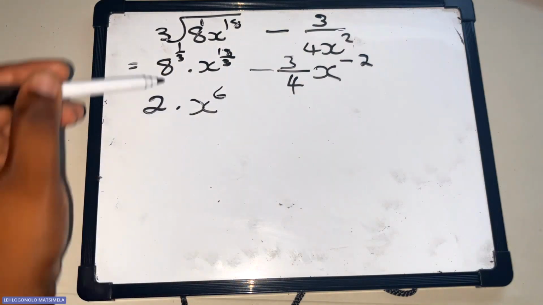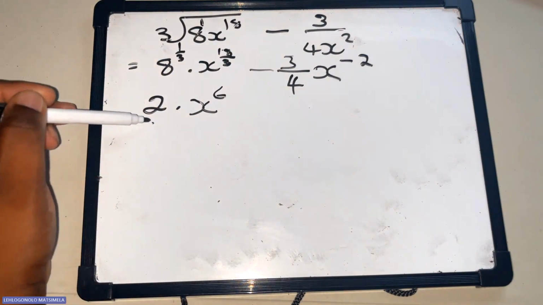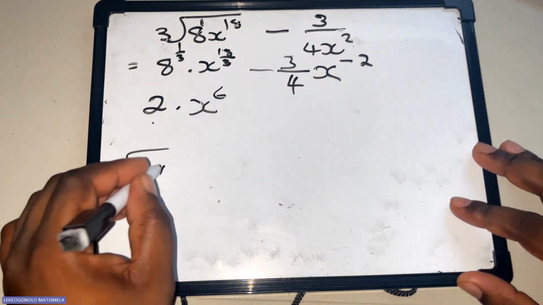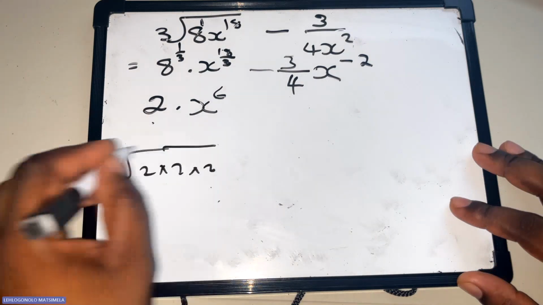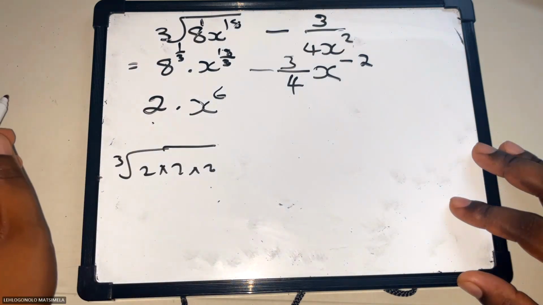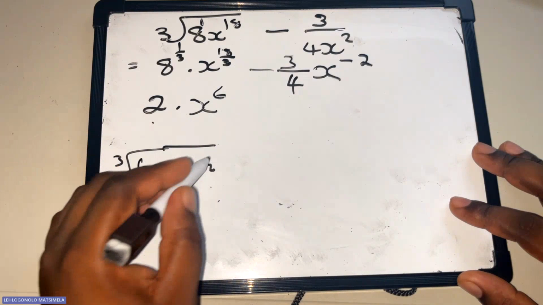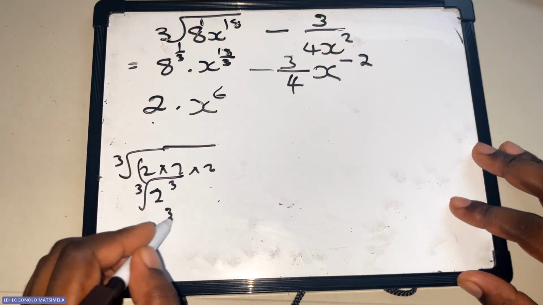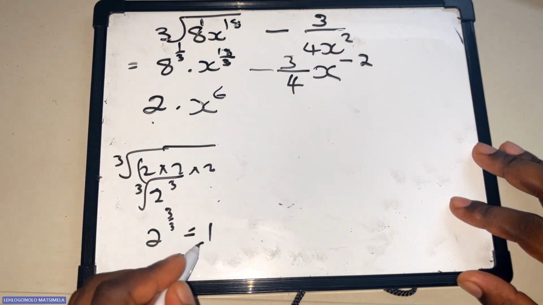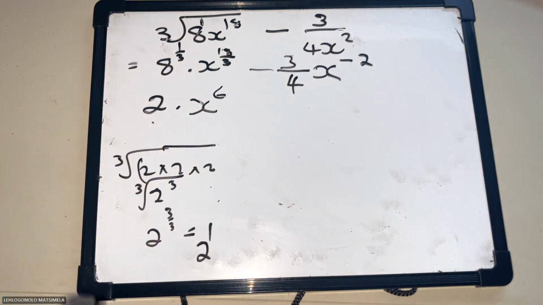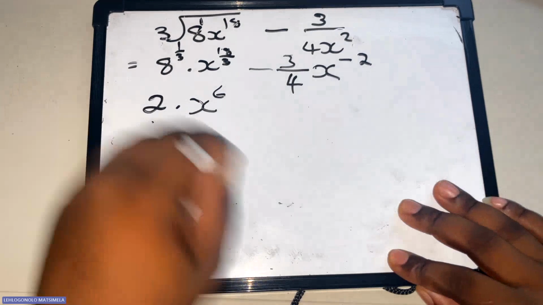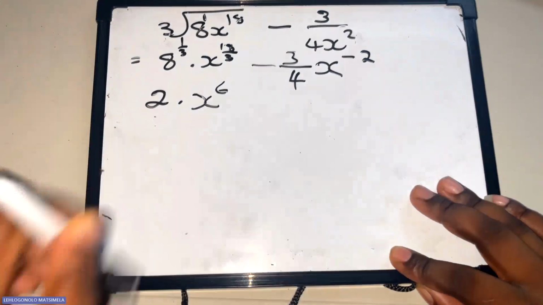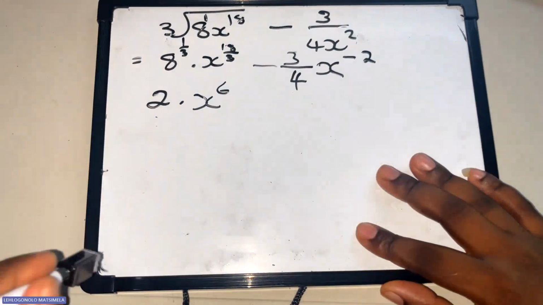Cube root of 8 is 2, because it's 2 times 2 times 2, which is 2 to the power of 3. So it's 3 over 3, which equals 2 to the power of 1. That's where it comes from. Even if you have a calculator, you can do it. These things are grade 9, grade 10, even grade 8. We cannot be redoing them in that manner.